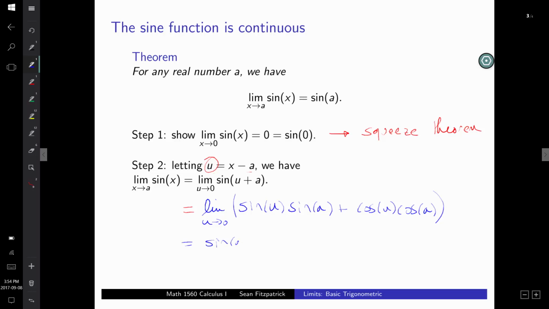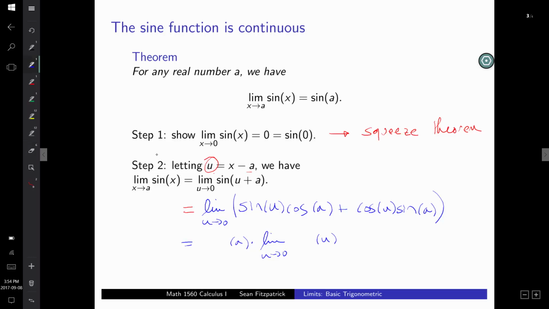So we get sine of a times the limit as u goes to 0 of sine of u. Guys, I'm wrong, aren't I? Some of you were probably paying attention and shouting at me as you watch this video. I'm using the wrong identity. There we go. Okay, that's correct now.